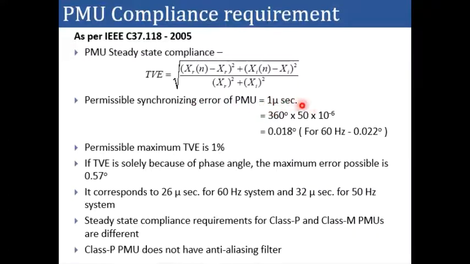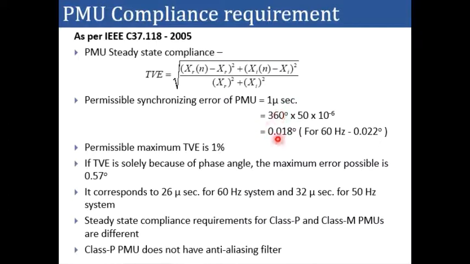That is how the PMU clock is synchronized with the 1 PPS signal. The maximum delay possible is equal to 1 microsecond. So if you translate that into an angle value, this will come out to be 360 degrees into 50 into 10 to the power minus 6, equal to 0.018 degree.